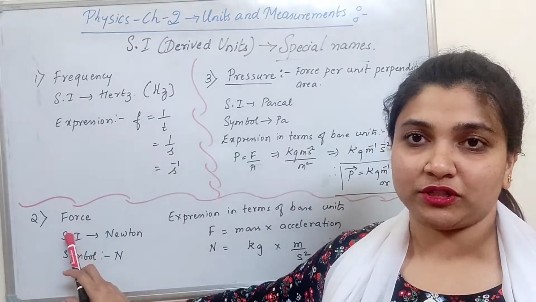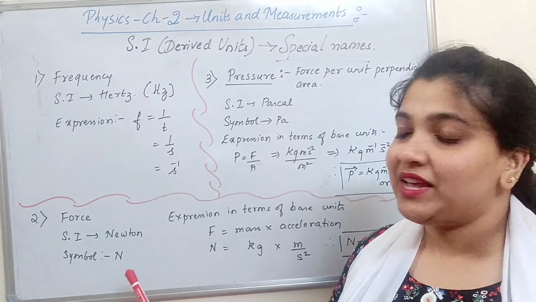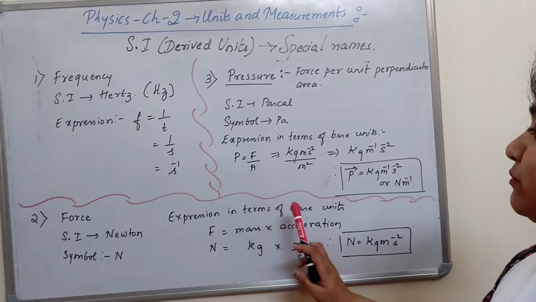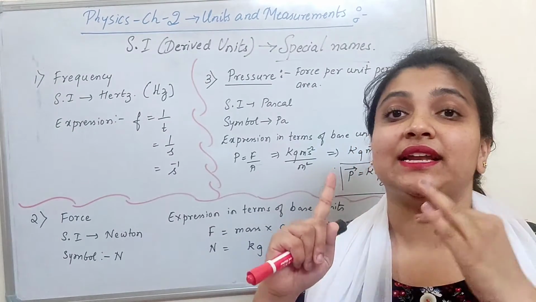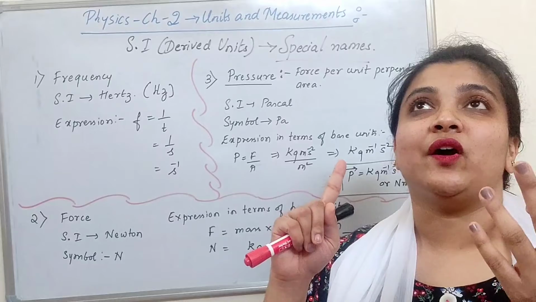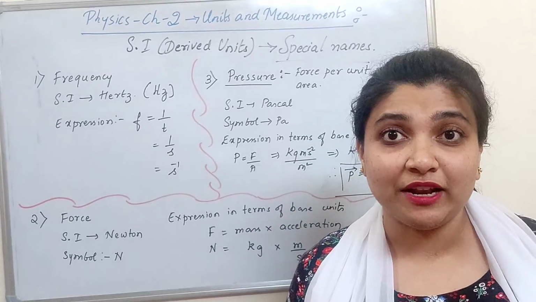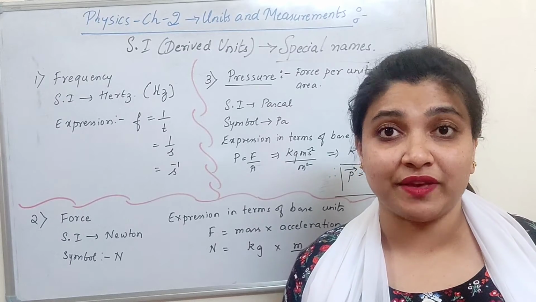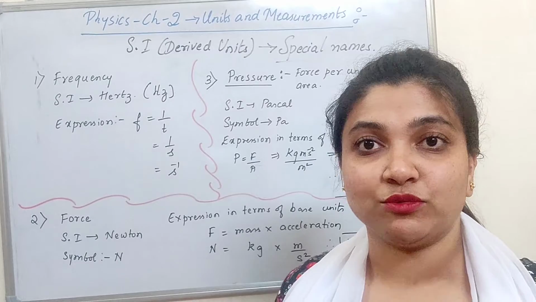Now similarly, force. The SI unit of force is Newton. Symbol is N. Now similarly, expression in terms of base units. Base unit means mass in terms of kg, then time in terms of second, then length in terms of meter, temperature in terms of Kelvin, luminous intensity in terms of candela, and also amount of substance in terms of mole.